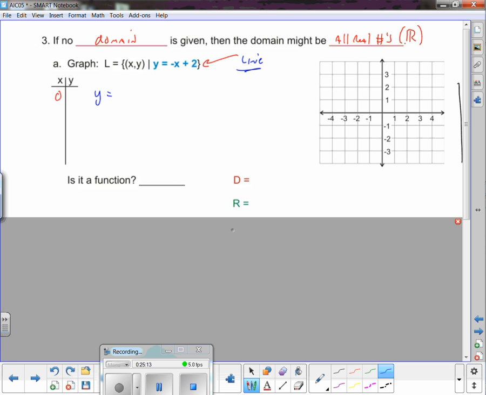So again, I'm going to write the function where the variable is. I'm going to put parentheses. I took the y equals negative x plus 2. I'm going to put a 0 in here. And my y is a 2. So it's the point 0, 2.